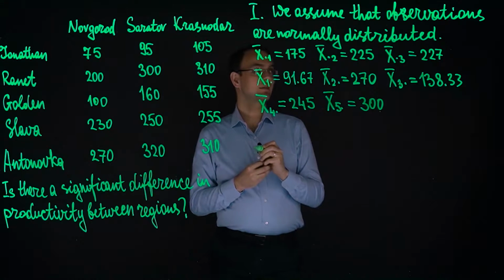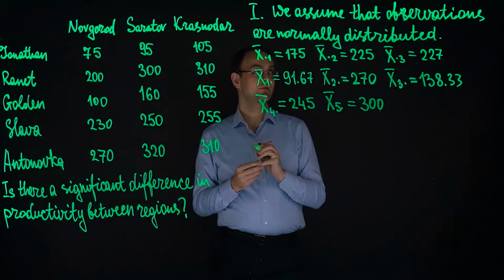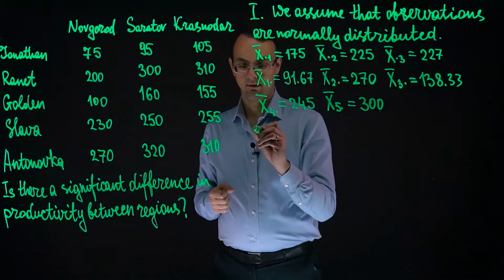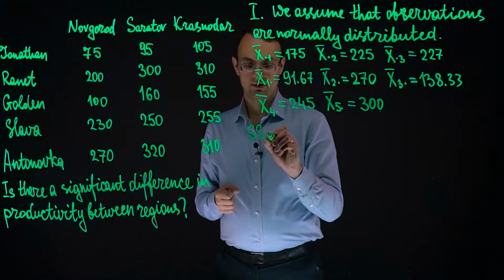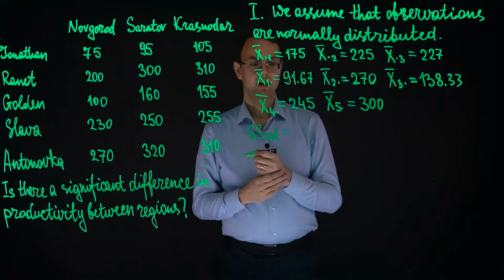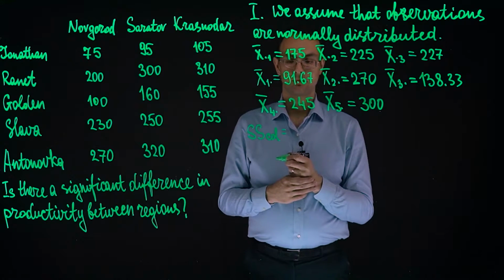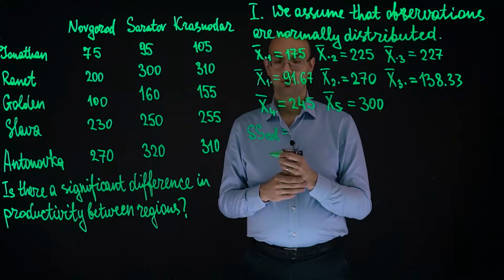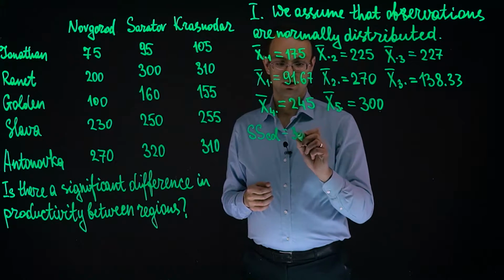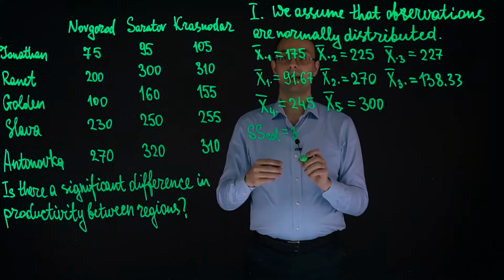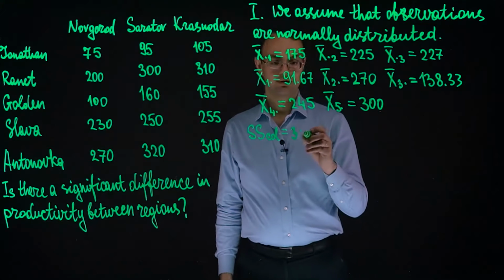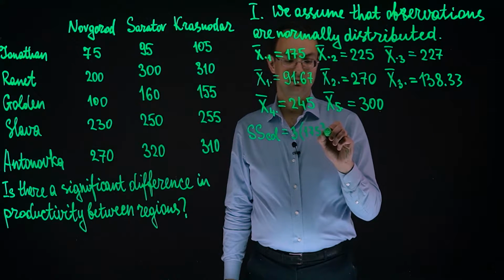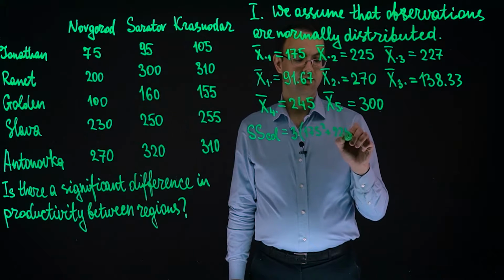Now I am to find sums of squares: SS row, SS column, SS total, and SS residual. So SS column is the number of columns, 3, times the sum of squared column means, so times 175 squared plus 225 squared and so on.